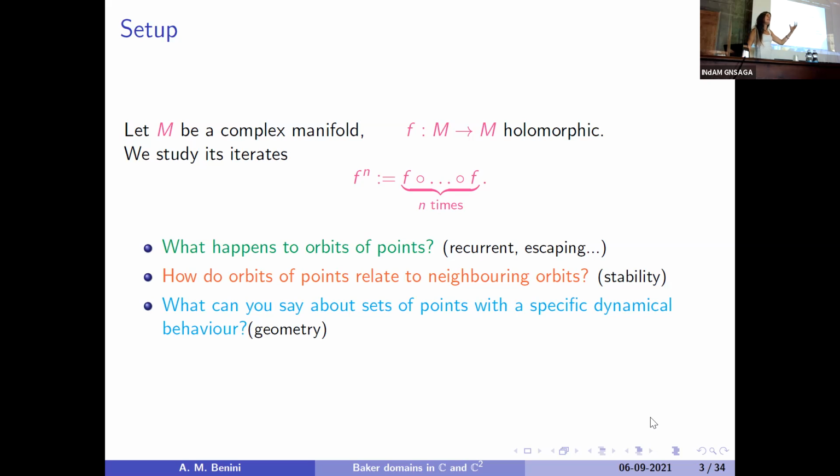And once you have this set, you want to study its properties. Its properties can be studied from many points of view. For example, you can study its topological properties, its geometric properties, its Hausdorff dimension. You can study many different things about this set. So this is the general goal of what you study at first level when you look at complex dynamics.